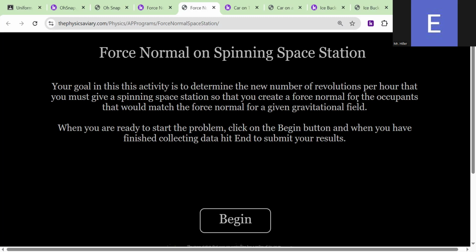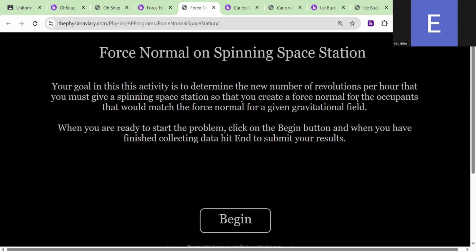For example, if the astronauts are supposed to experience, let's say on Earth, 9.8 meters per second squared or 9.8 newtons per kilogram, then your goal is to create that by spinning the space station at the right revolutions per hour. You're creating what's called artificial gravity, and the normal force of the spinning station is pushing against the astronaut's feet. But you're going to be given a gravitational field that you have to match. So that's question number two.